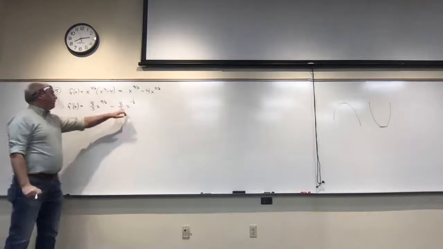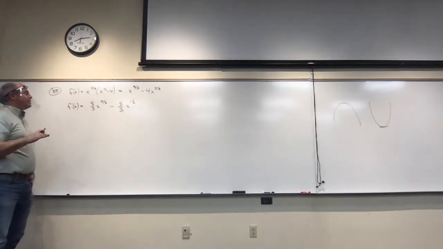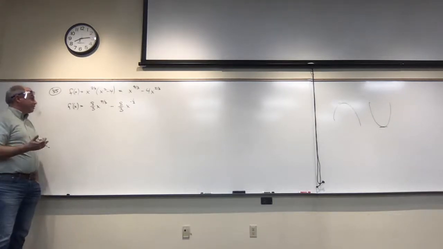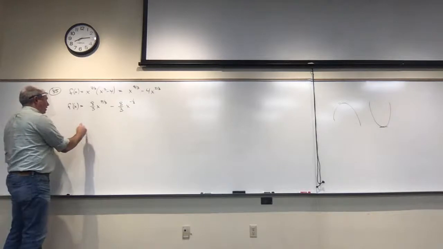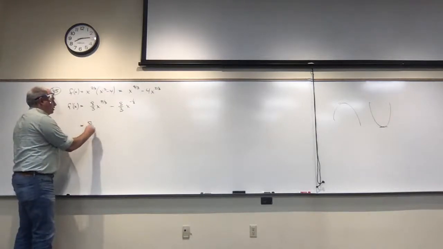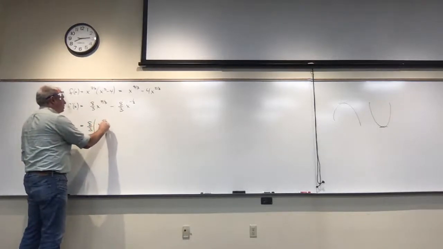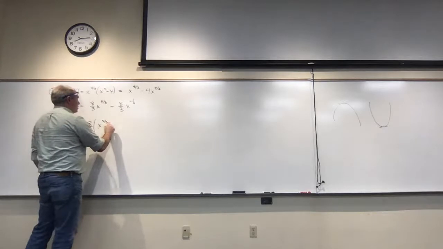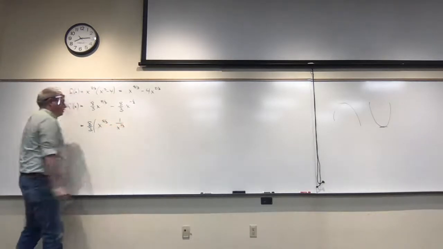So having an x to the negative 1/3 is interesting because that means I could possibly plug in 0 and get division by 0. So what I probably should do is rewrite this. I could take out the 8/3 just to get it out of my way. And then I have x to the 5/3 minus 1 over x to the 1/3.